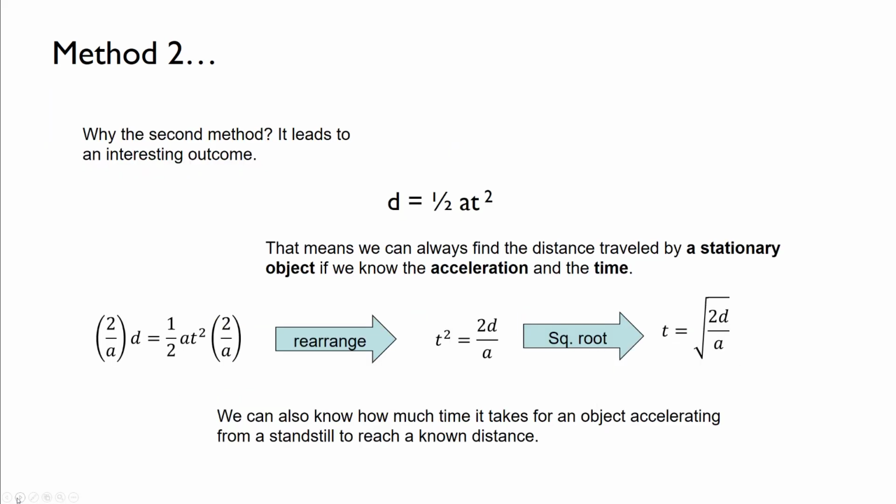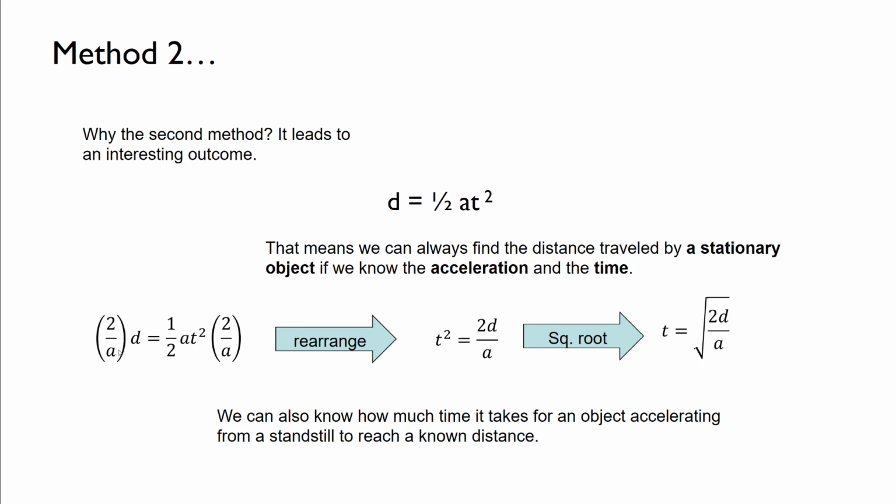So getting back to why I told you about method 2, it leads to a relationship here, d equals 1/2 a delta t squared, or just more simply, d is proportional to t squared. That means if we know the acceleration and the time, we can find the distance that's involved, or we can, of course, rearrange it to get it into another format.